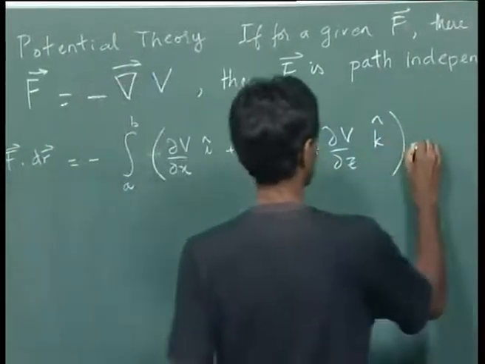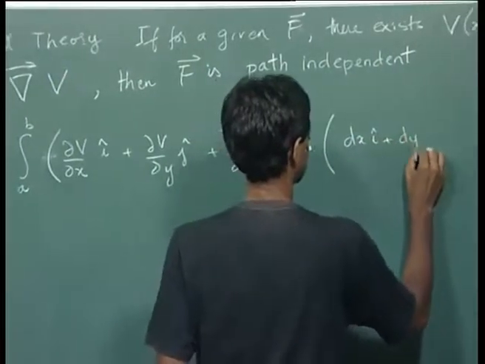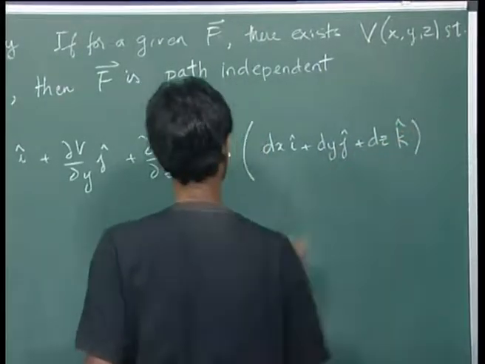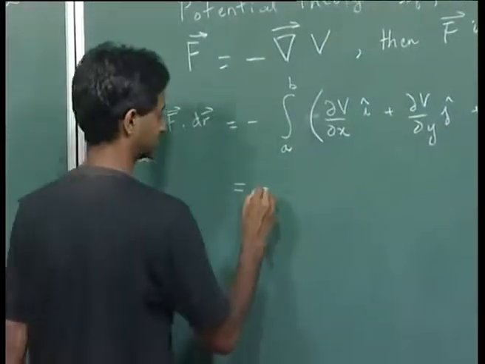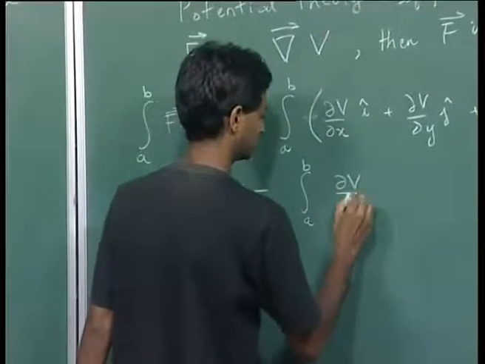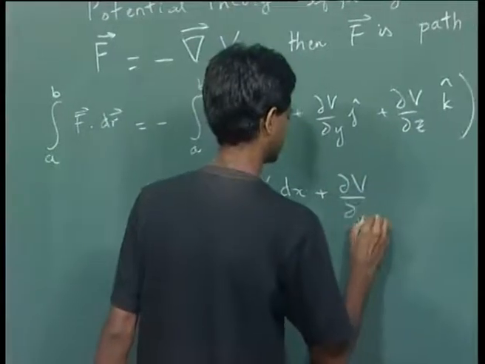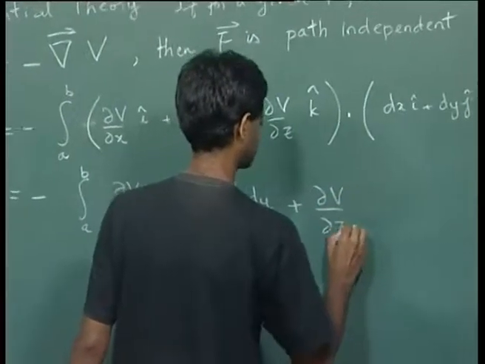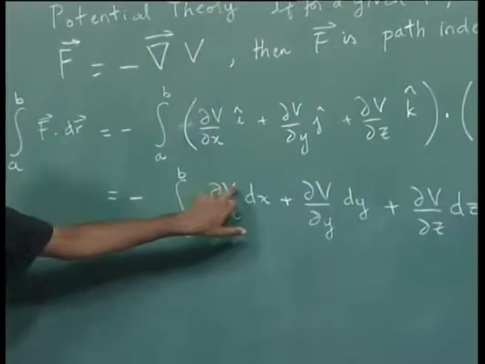This whole thing is dotted into dr. Dr has dx i plus dy j plus dz k. And we can go ahead and do the dot product, and we will get minus integral a to b of dou V by dou x dx plus dou V by dou y dy plus dou V by dou z dz. And V is a function of x, y, z.